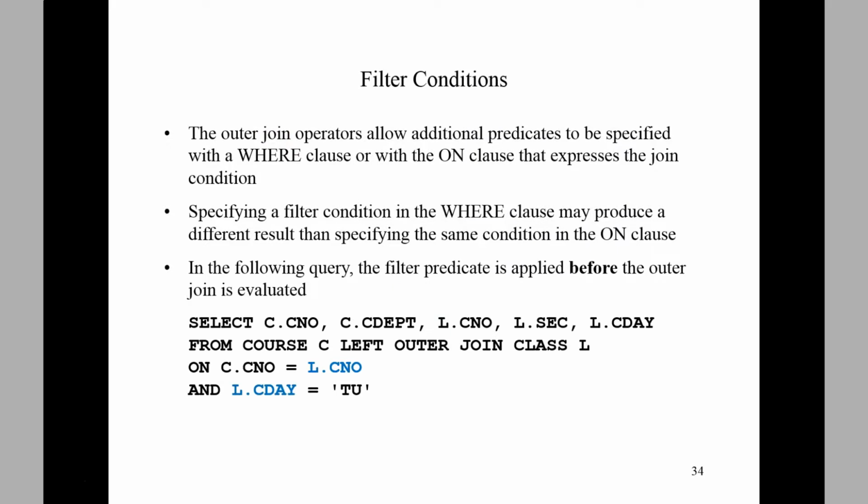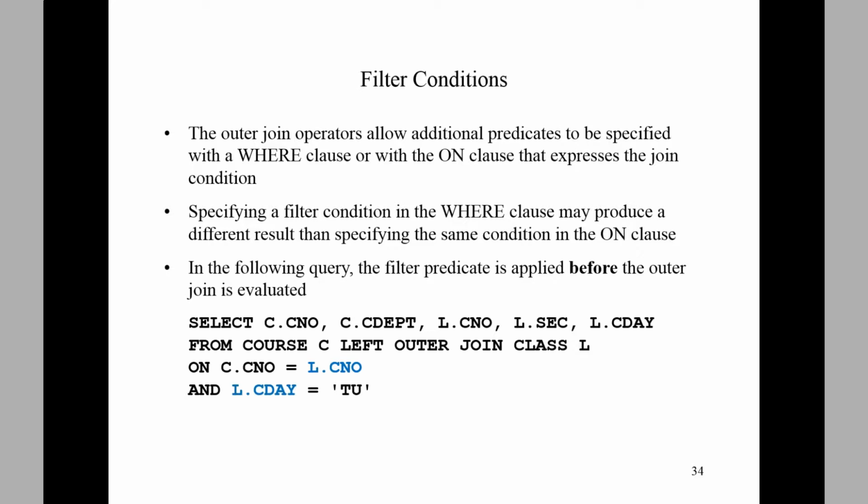When this outer join query is run, the result of the outer join contains 14 rows. Thus, we should expect at least 14 rows in the result because the cardinality of the left table is 14.